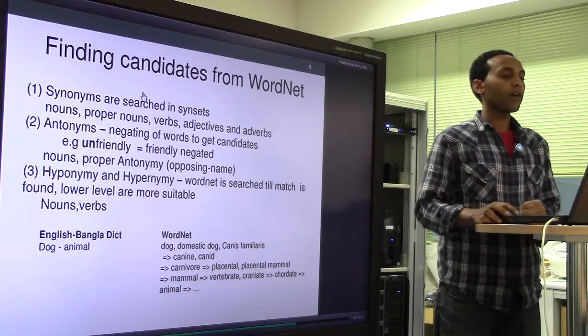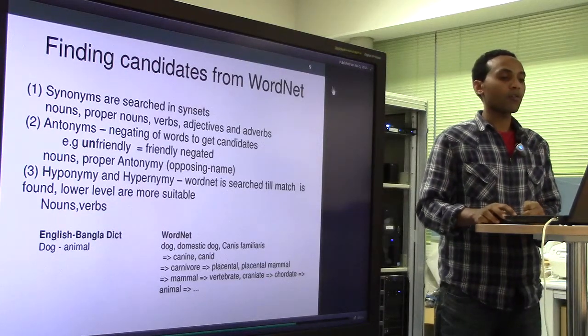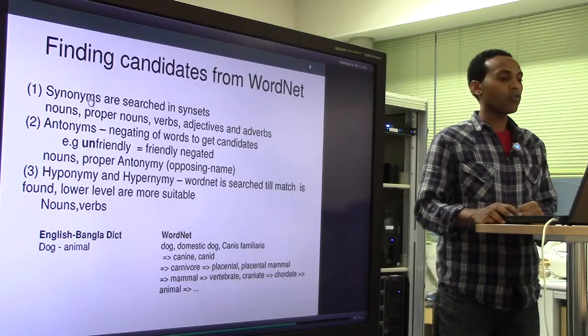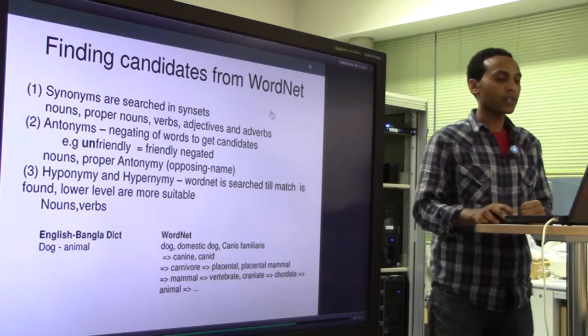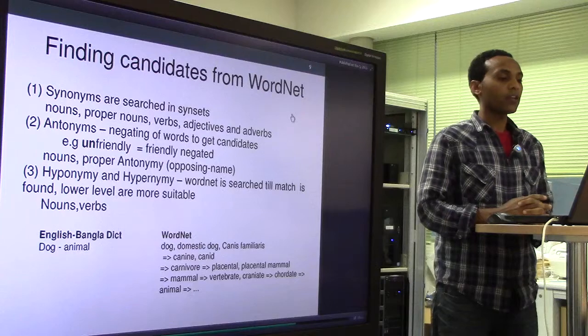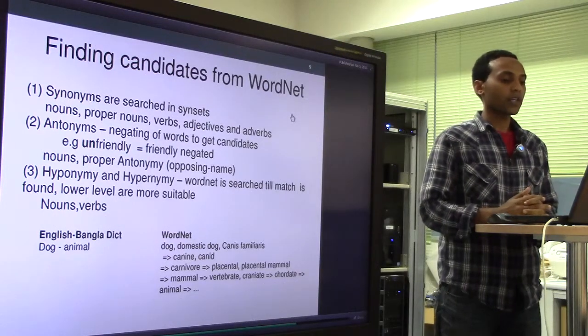So while finding candidate translations from WordNet, they used the WordNet synsets such as synonyms, antonyms, and hyponym and hypernymy relationships. So for synonyms, nouns, proper nouns, verbs, adjectives, and adverbs, they get information of those part of speech categories.